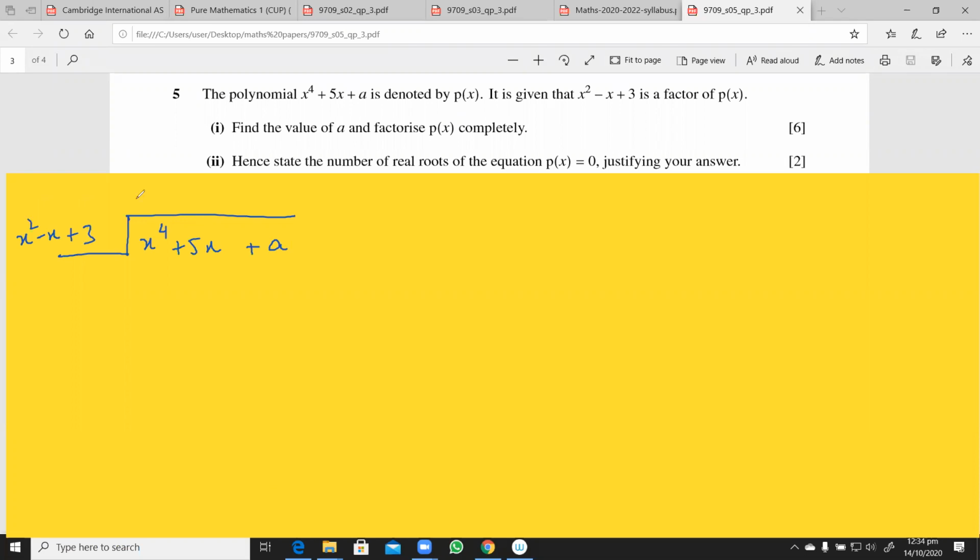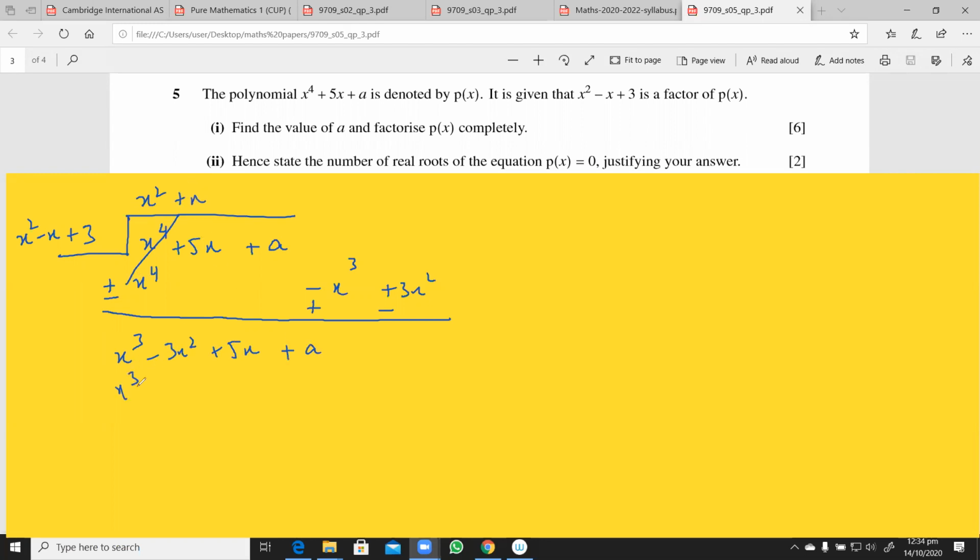So x squared into x squared is x to the power 4, and then I have minus x cube, plus 3x squared. I'm writing them on the side because you should write the like terms in a column. So we have x cube minus 3x squared plus 5x plus a. So this is going to be plus x cube minus x squared plus 3x.